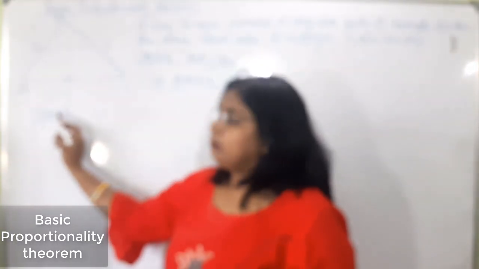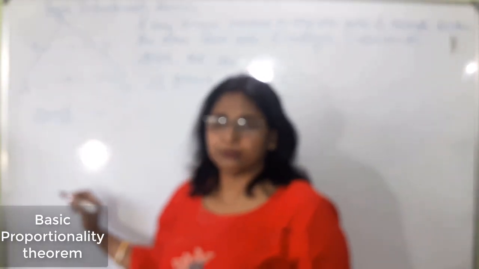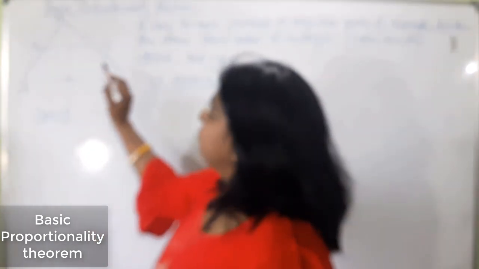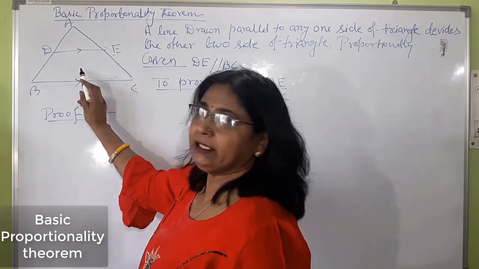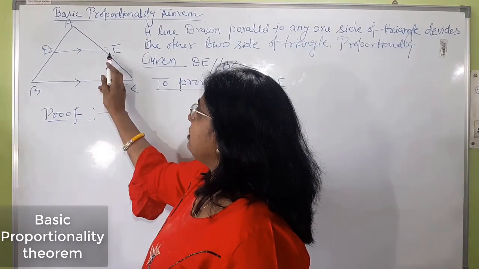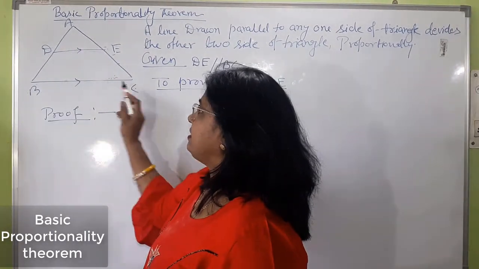So now I am going to start the proof. First I will make both triangles similar. There are two triangles, ADE and ABC.